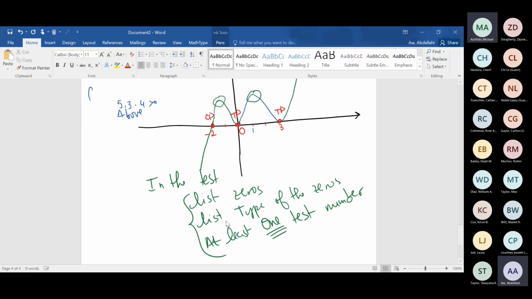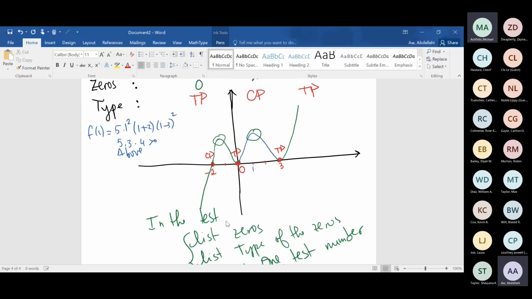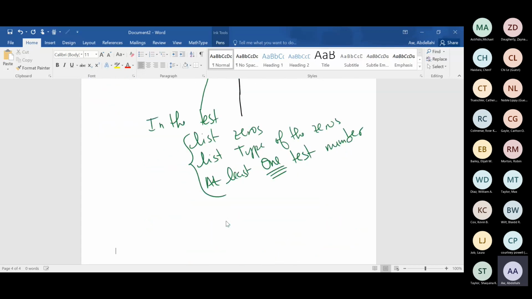So now we have how many zeros a polynomial can have.